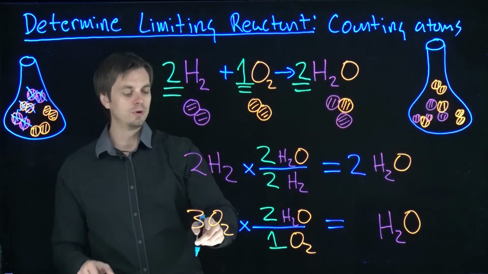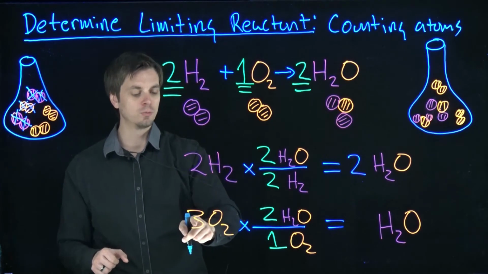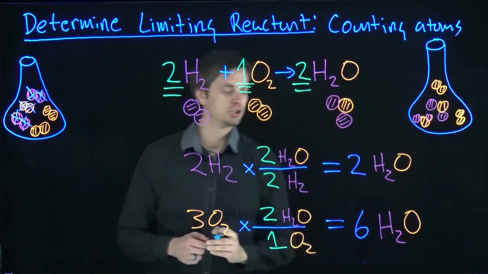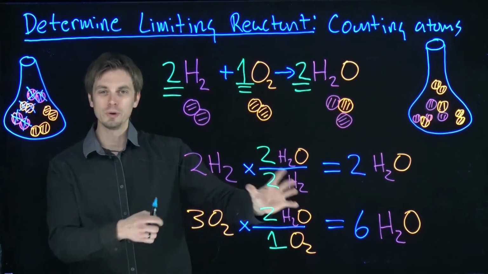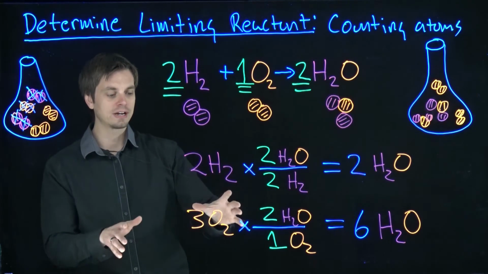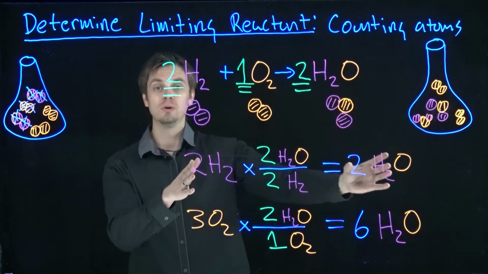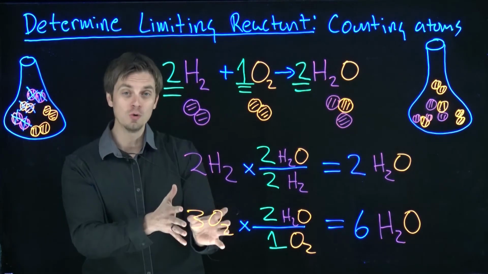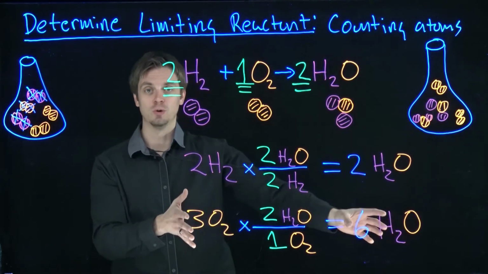And now, when we carry out this expression, we're going to take 3 times 2 to give us 6 H2O molecules. So what we conclude from that is that hypothetically, if we react all of our H2, we get 2 water molecules. Hypothetically, if we react all of our O2, we get 6 H2O molecules.